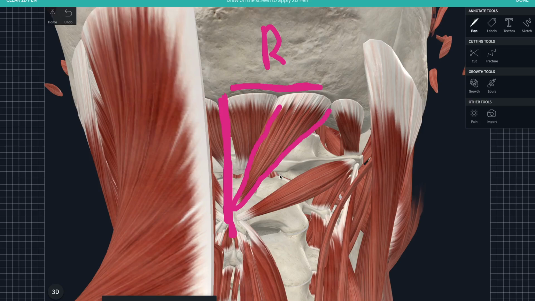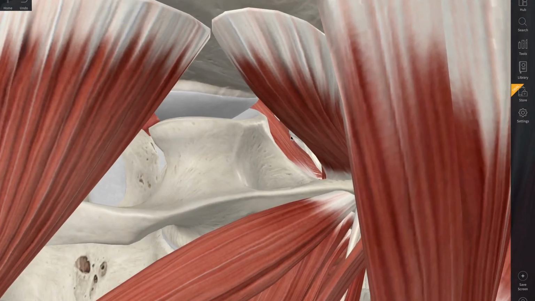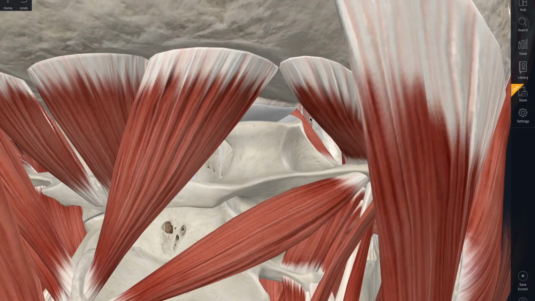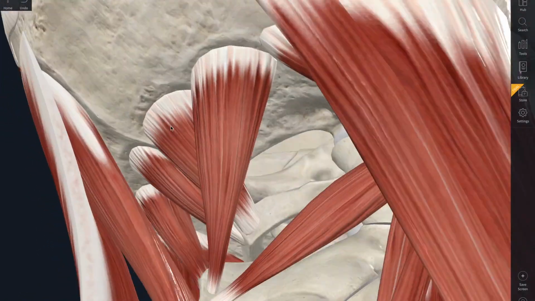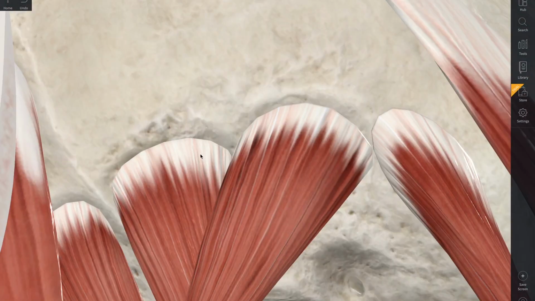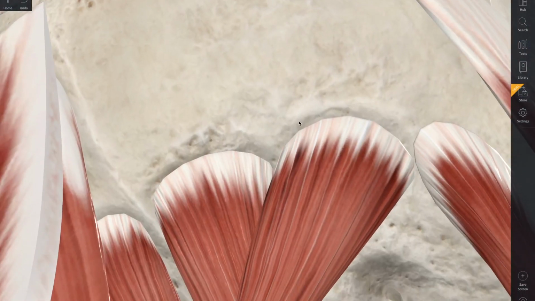Laterally, we have the obliquus capitis, not rectus, the obliquus capitis. It's obliquely placed, so I'm going to try to show it very well. How do you distinguish them? Remember, here we have the superior nuchal lines, and here we have the inferior nuchal lines.